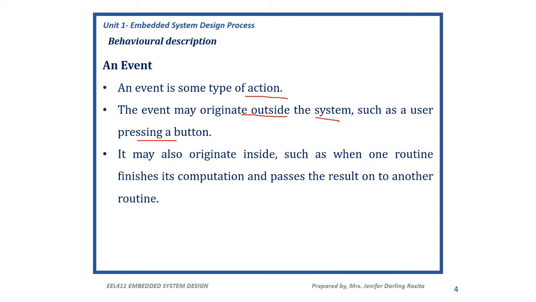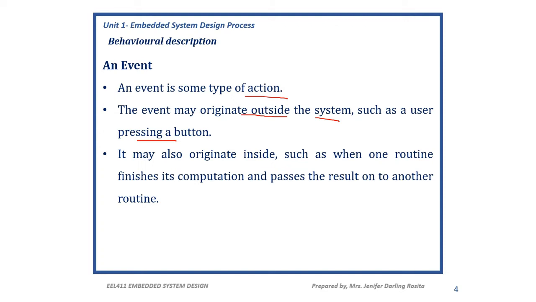Clicking a mouse is an event, right? So what kind of event is it? The event is originating outside. Who is clicking the mouse? Some user is clicking the mouse, or you can say the user is pressing a button. That is an outside event.